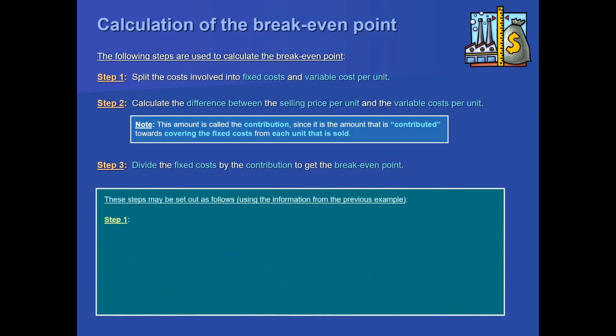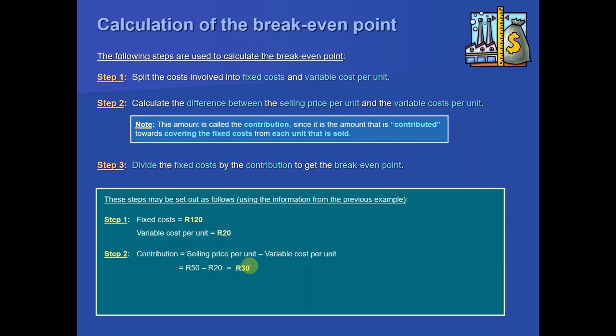So if we think back to our previous example, the fixed cost was 120, the variable cost per unit was 20 Rand. So to get the break-even point, we first have to calculate the contribution, which is the selling price per unit, which was 50 Rand, minus the variable cost per unit, which is 20, which gives us a contribution of 30 Rand.